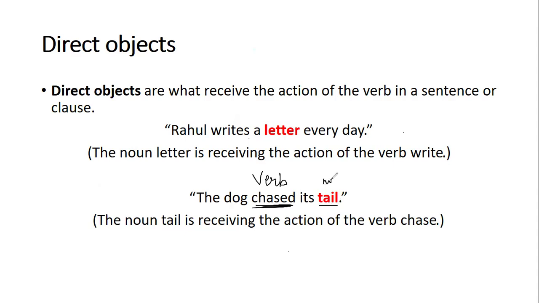So this is our noun, and it is our direct object because tail is receiving the action of the verb chase. Hence, tail is our direct object. So see guys, finding out the direct object is very, very easy. It's not at all that difficult.